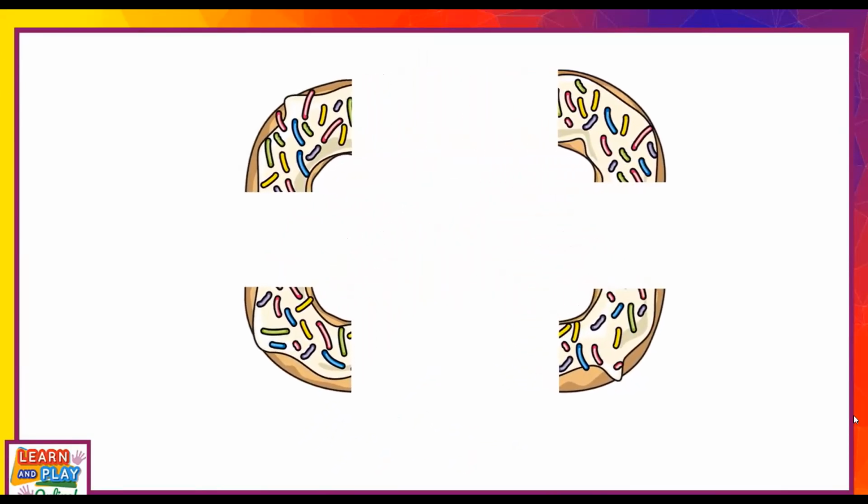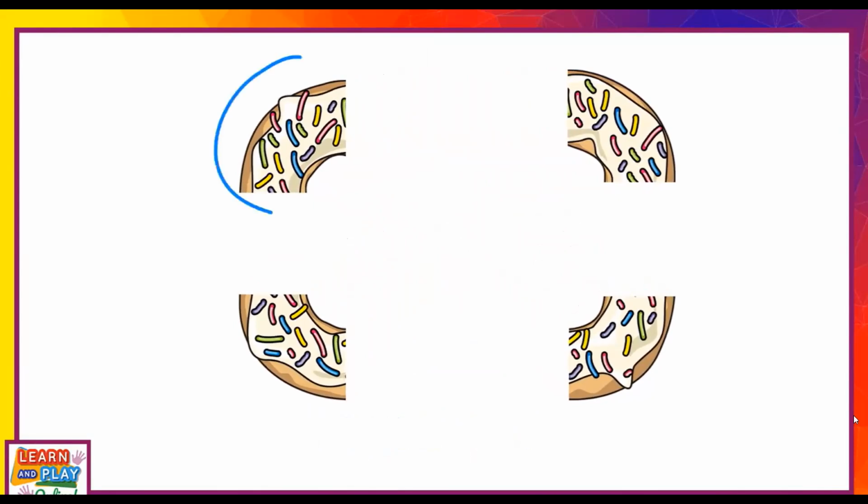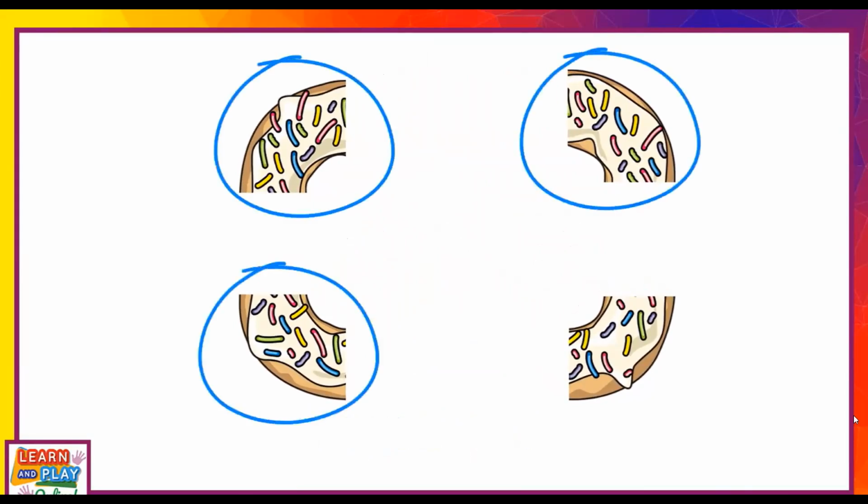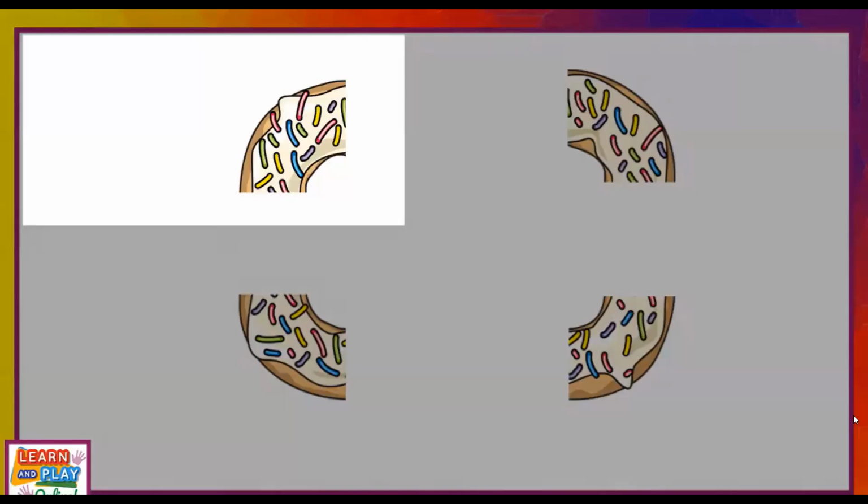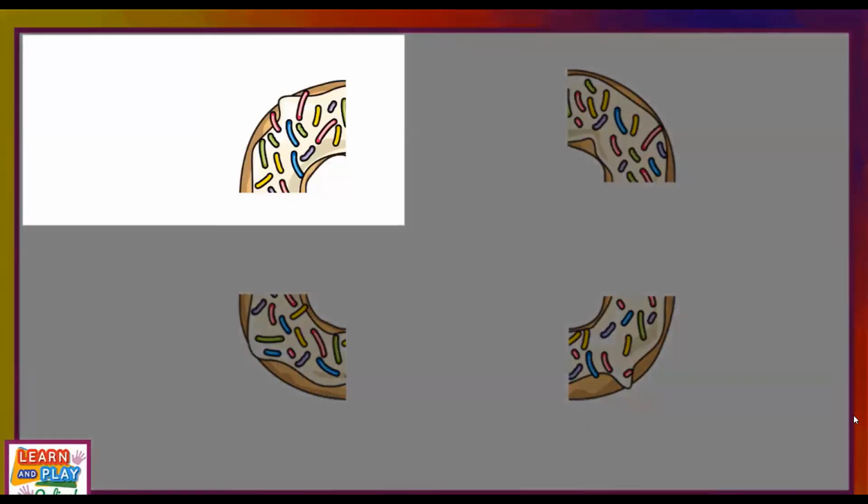Let's count them together. 1, 2, 3, and 4. Let's look at this piece on its own. Here we have just one piece, which is why the numerator is 1.